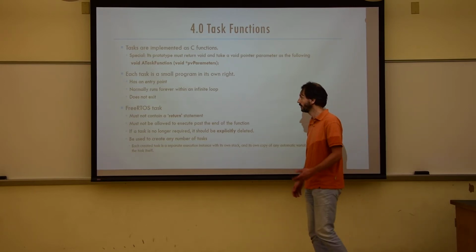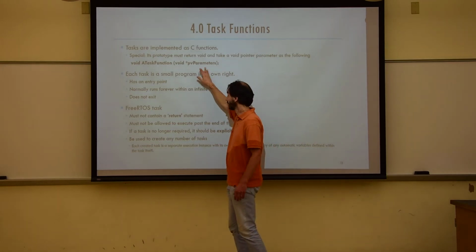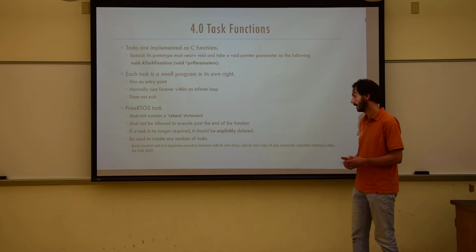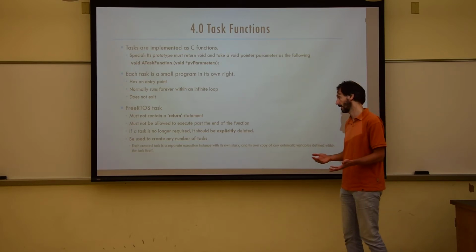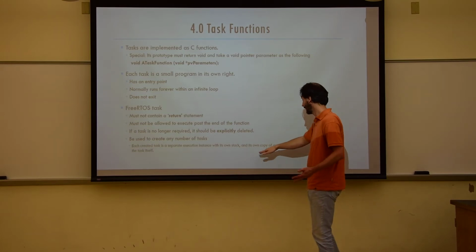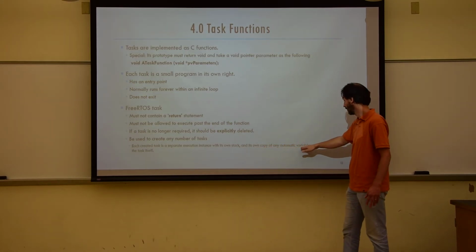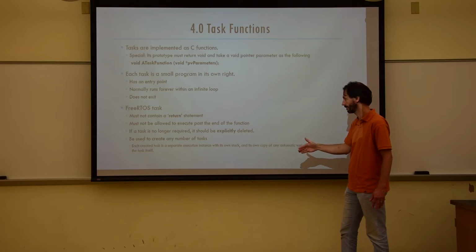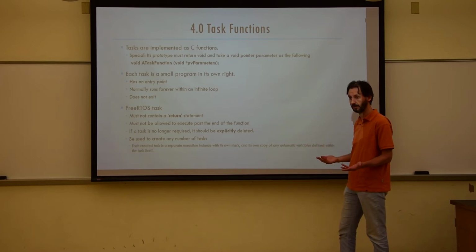You use this to effectively create any number of tasks that you like to use. And each created task is now a separate execution instance with its own stack and its own copy of any automatic variables defined within the task itself. And you still, of course, have your global variables too, so you can do sharing, right?